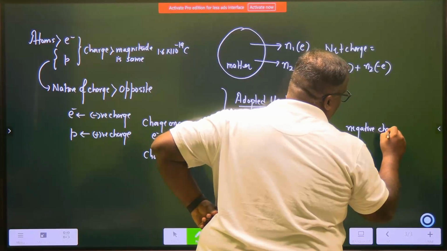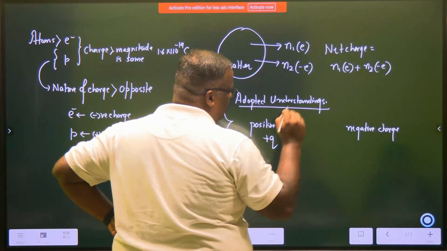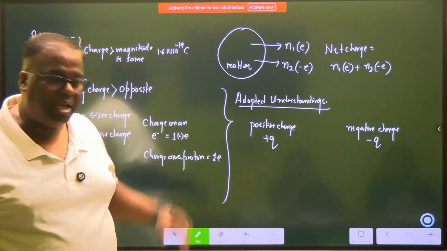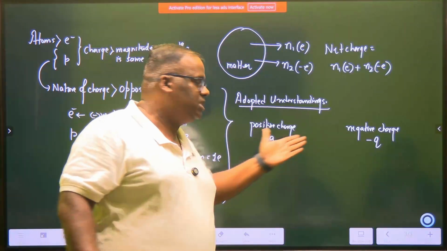Now see, I'm talking in terms of charge. The positive charge is said as plus Q, the negative charge is said as minus Q. Can you think of an electrically charged entity to represent these two?